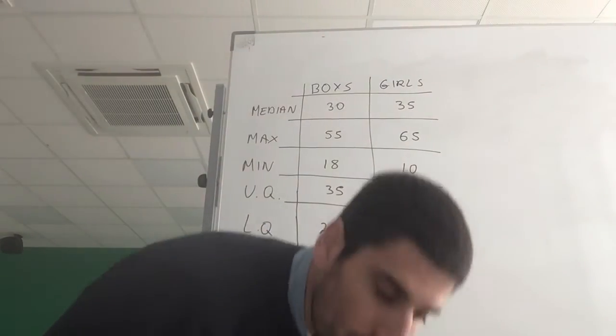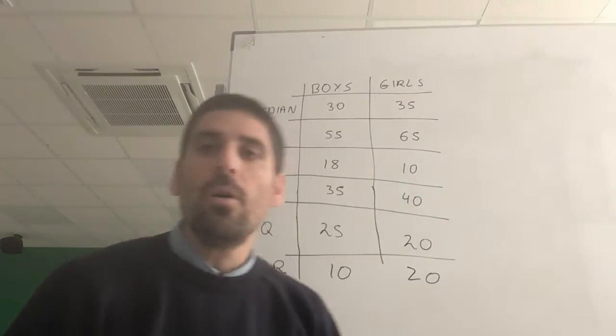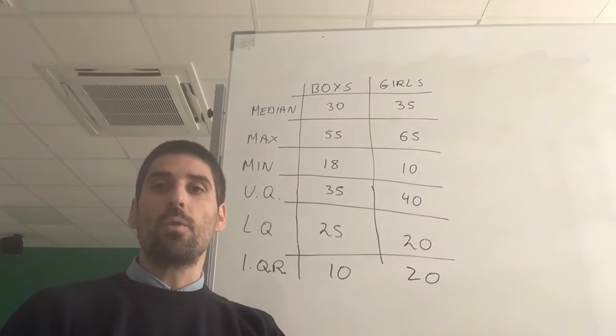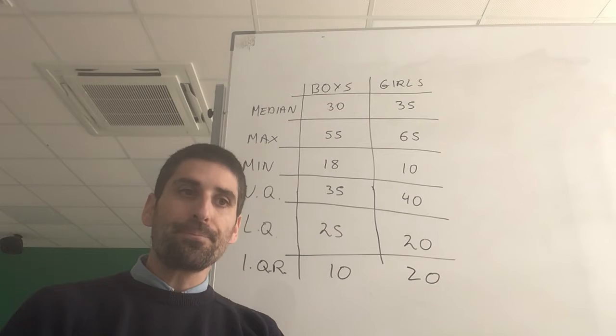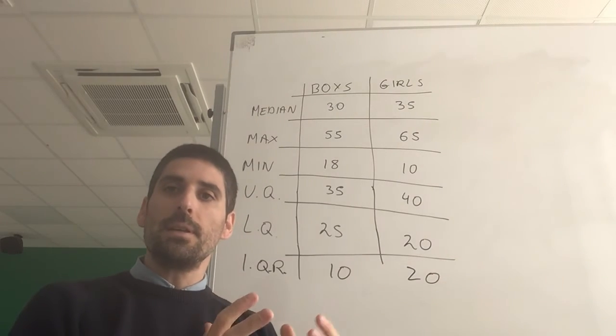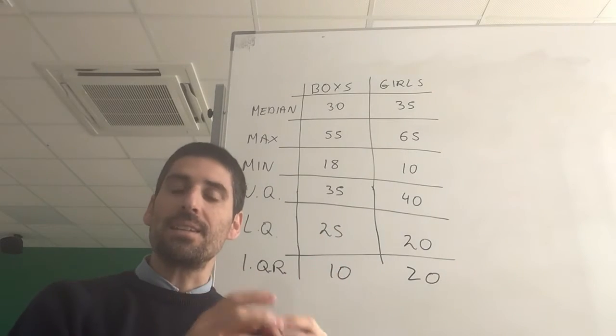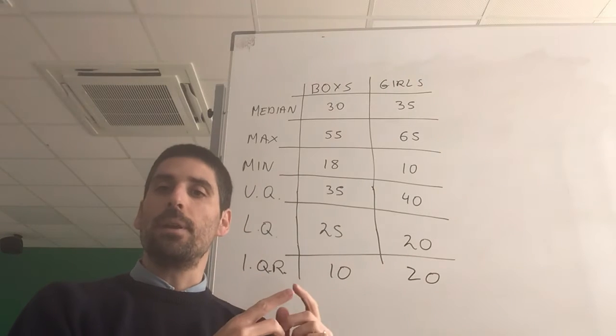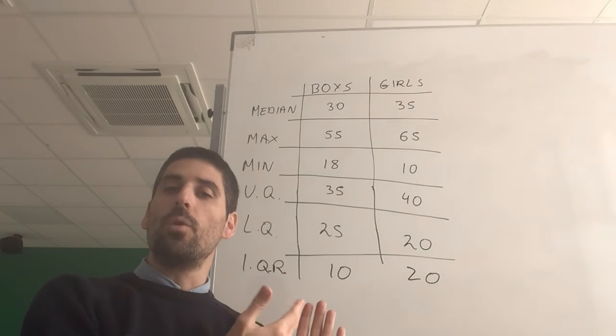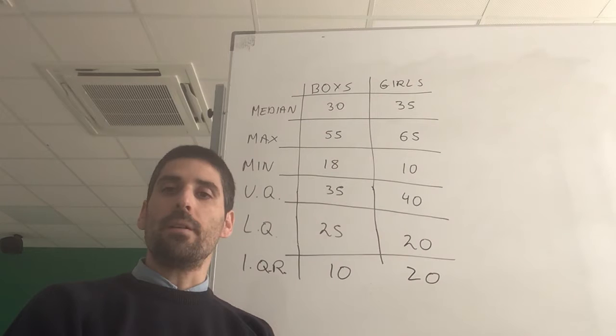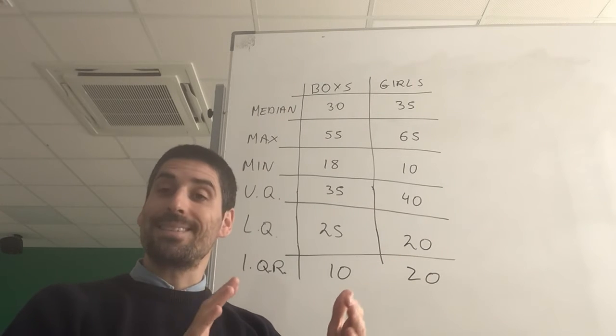So, for the second mark in this question, I would say that the boys were more consistent than the girls, because if we look at the interquartile range, the difference was only 10.